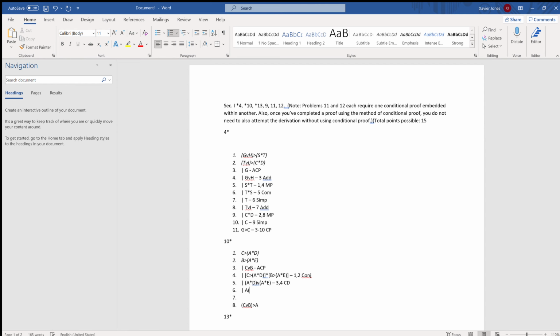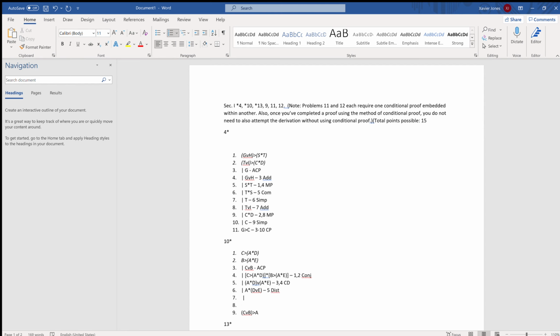A and D or E. And that's going to be line 5, distribution. Because we have P and Q or P and R, so we have P and D or E. Distribution.